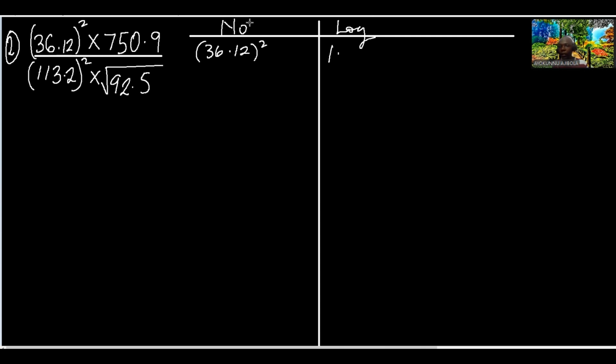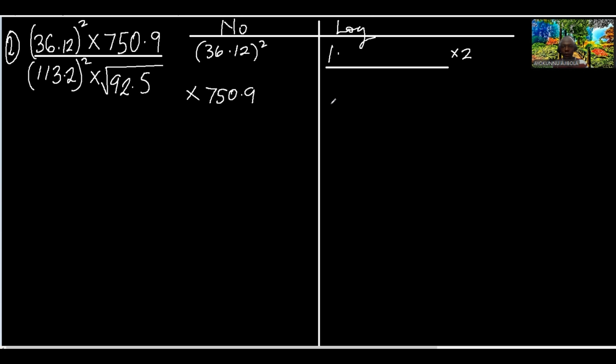If I rule a line under here, then the answer that I will get is going to be under here when I finish multiplying by 2. So whatever I get here times 2, then the number that will be multiplying with this is 750.9. The characteristic of this one, the point moves 2 steps to the first digit, so that is 2.